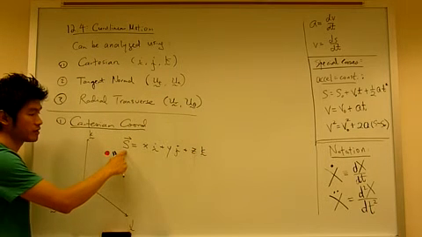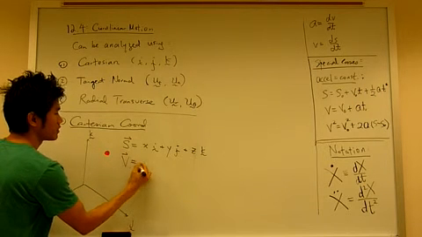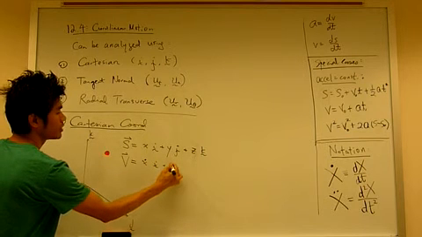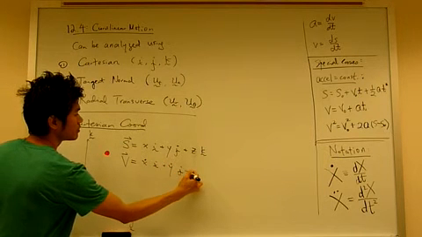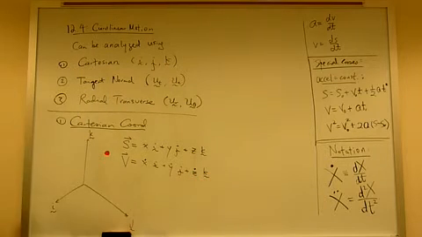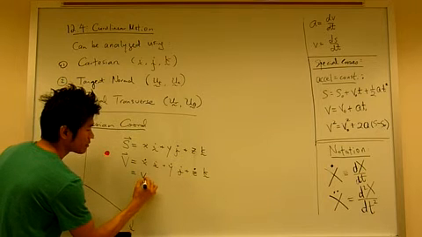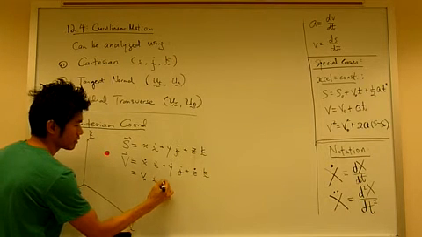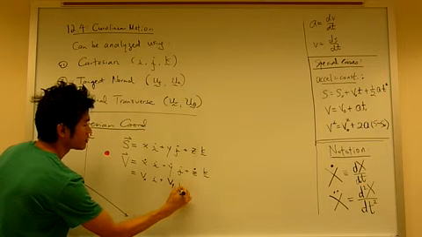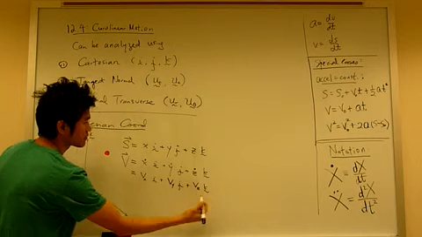When you take the derivative of position with respect to time, you get velocity. v equals simply x dot i plus y dot j plus z dot k, where x dot is exactly the x component of velocity, y dot is the y component of velocity, and z dot is the z component of velocity.